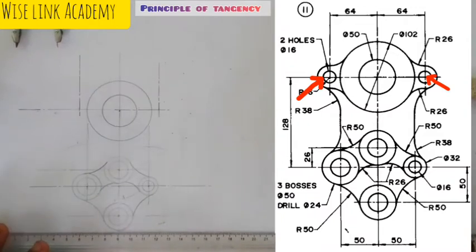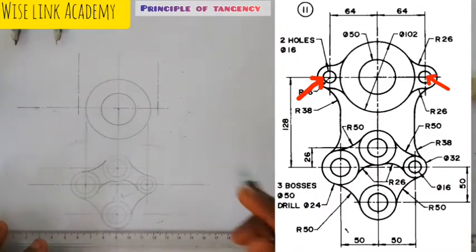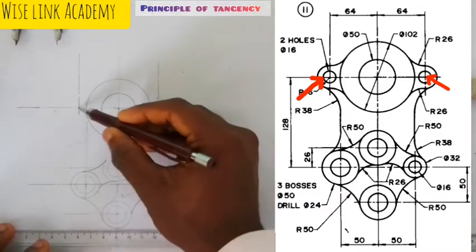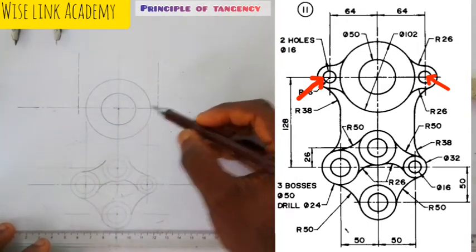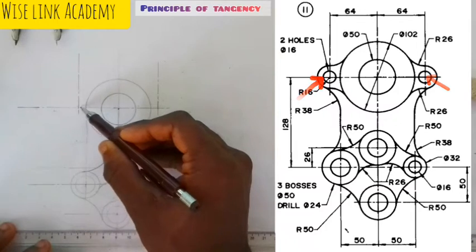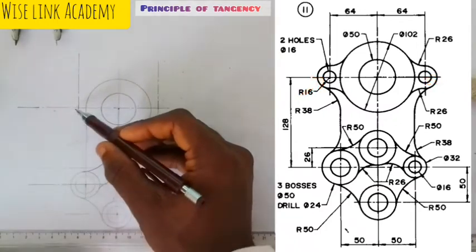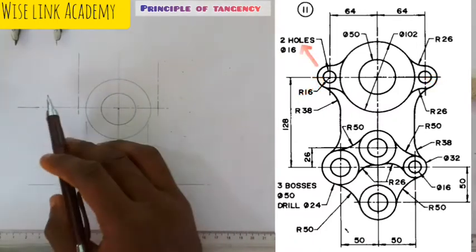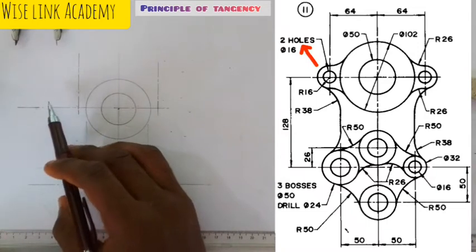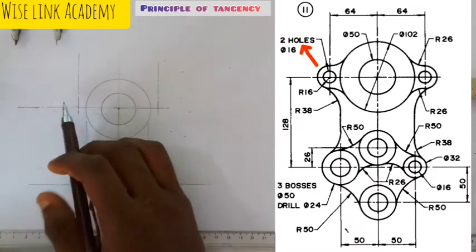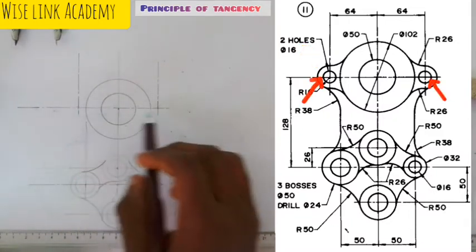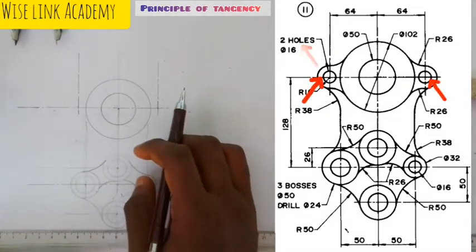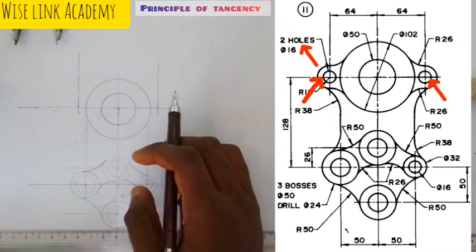What's my next task? At this point and this point, the points my arrow is indicating, I will draw a smaller circle. As you can see, they said 2 holes, diameter of 16. It simply means those two circles have a diameter of 16, so I'm not using that. I'm using a diameter of 8.